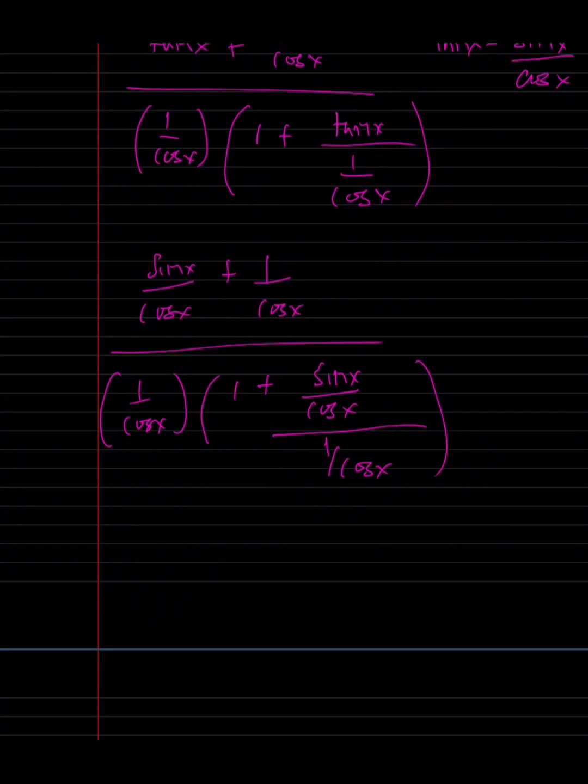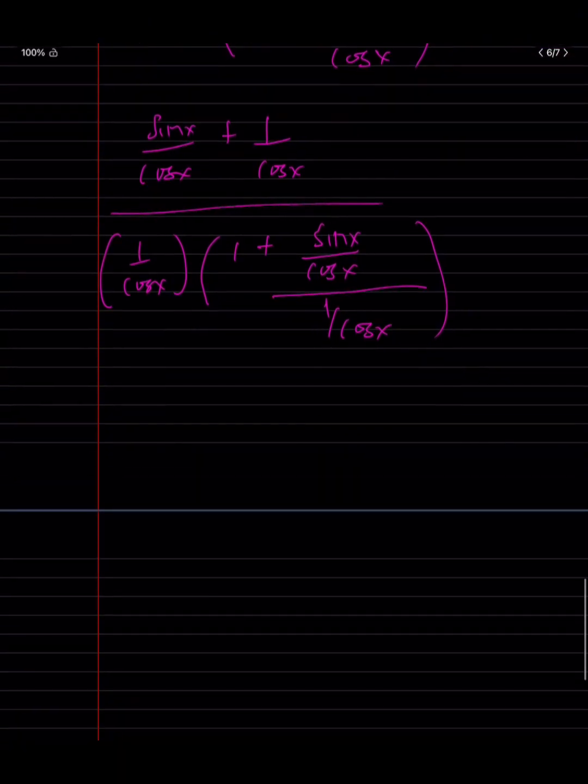Let's go ahead and simplify this. When we simplify the numerator, we get sine x plus 1 over cos x, since they have a common denominator.